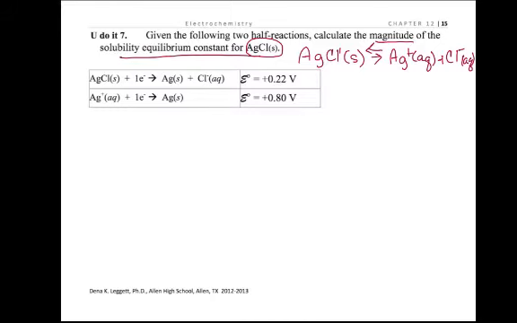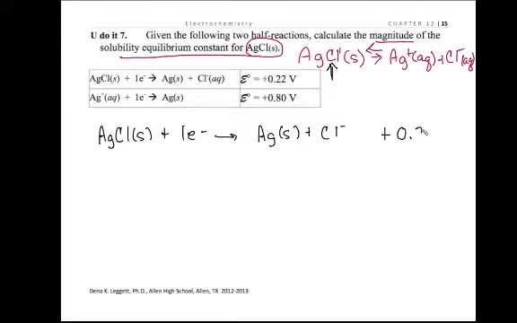So, in order to determine which one of these is oxidized and what's reduced, we're going to do something like a Hess's law approach. Notice that we need silver chloride solid as a reactant. So I'm going to keep this reaction that has the solid as a reactant intact as my reduction. So I'm going to keep that as plus 0.22 volts.